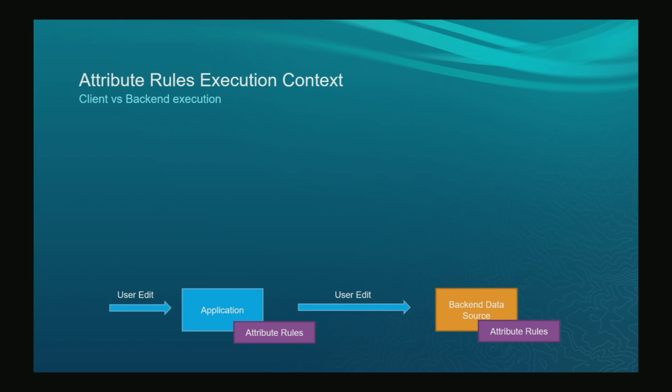Especially in Pro, we have a local feature cache that we keep up to date and sync. So that's one way. Then once those edits are executed, you send the actual command to the backend source, whether this be a service or a file GDB. And then the rules run again. Yes, attribute rules run twice in certain cases.